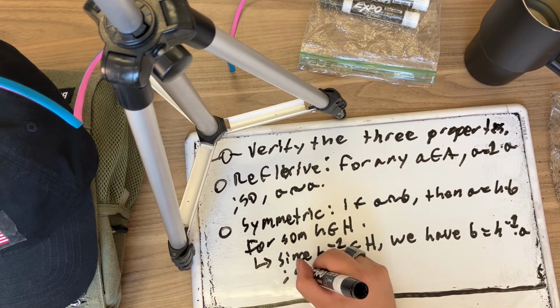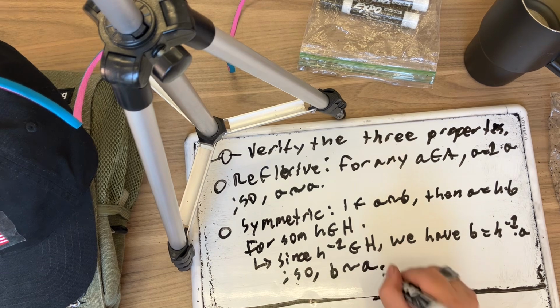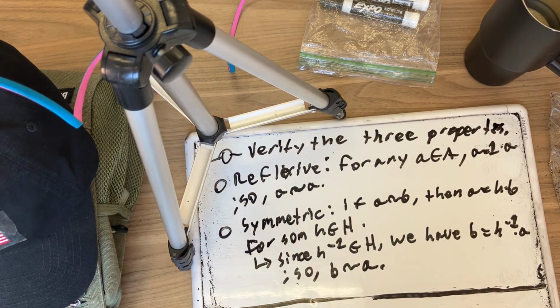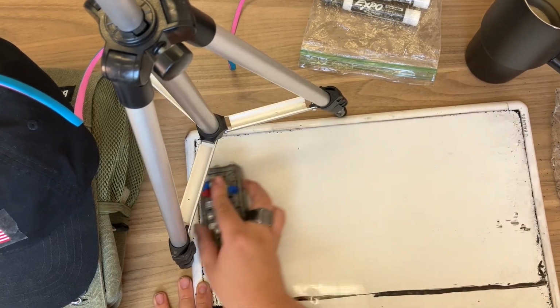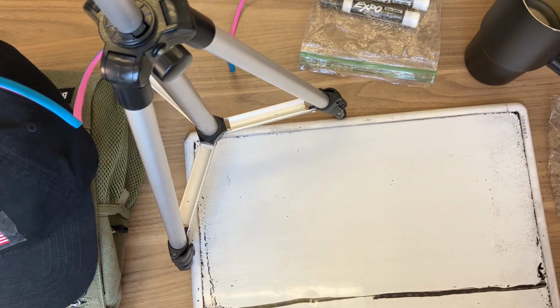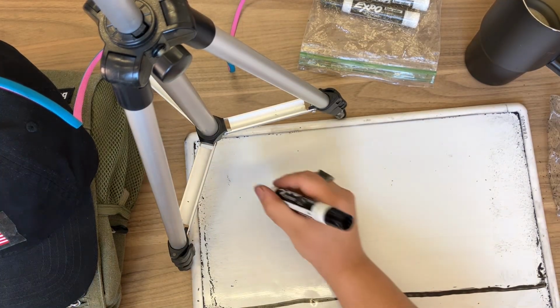So b tilde a, we have symmetry. Okay, now let's move on to transitivity. See if this thing is transitive. No, cissative. Oh, that's a terrible joke. Okay. I like it though.